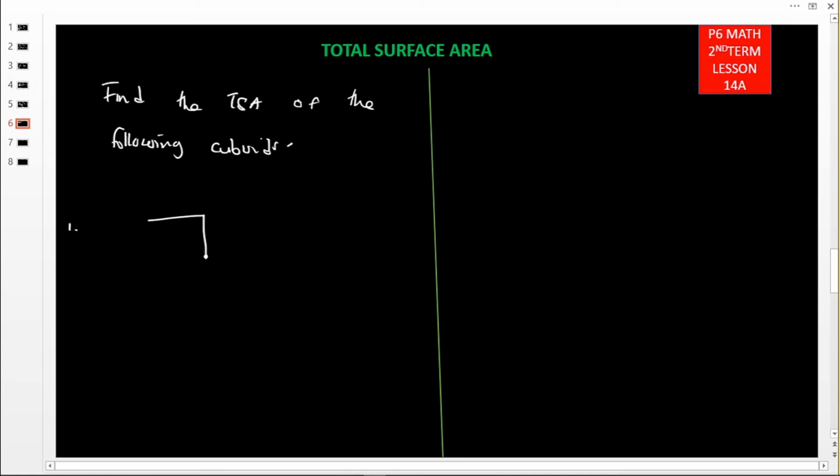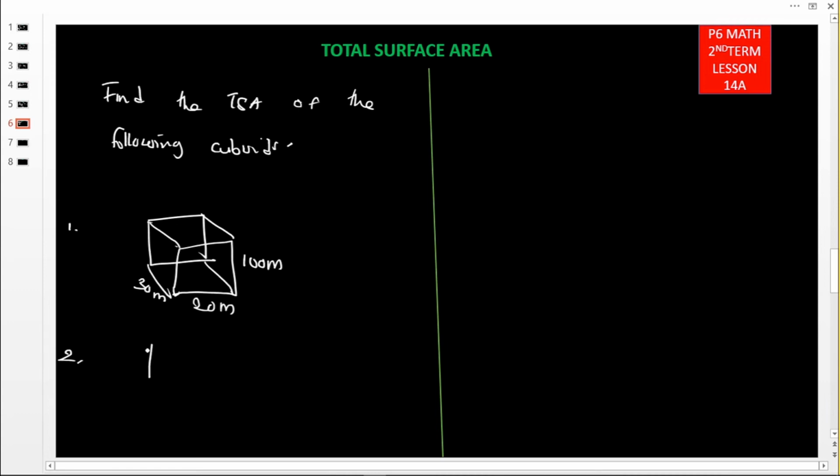Number 1, we are having this cuboid here. Here we have 100 meters, then this is 20 meters, here we have 30 meters.